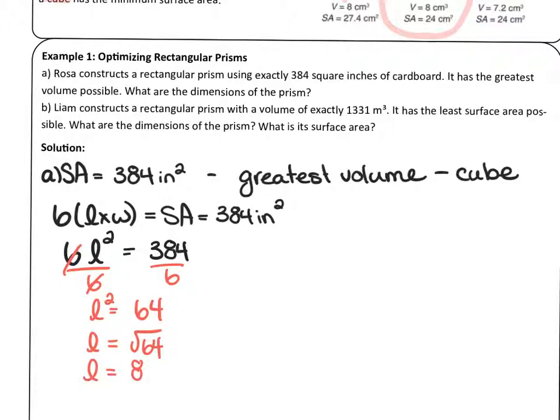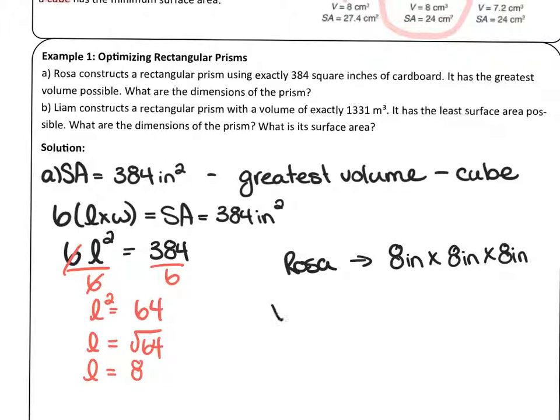So for this particular example, Rosa's rectangular prism has dimensions 8 inches by 8 inches by 8 inches, and it will have the maximum volume.